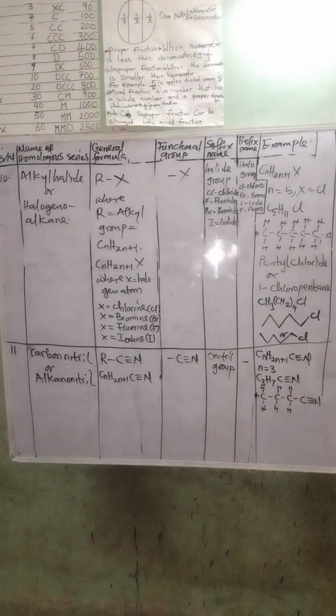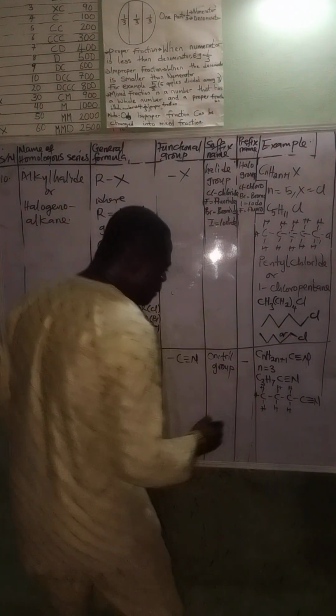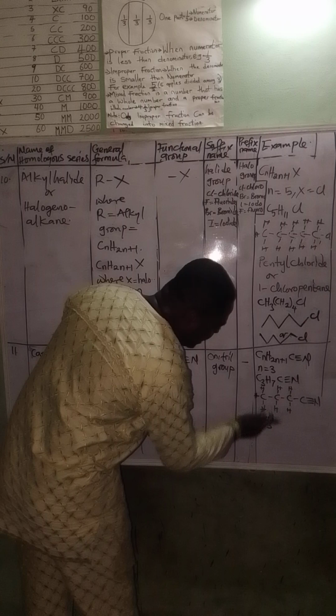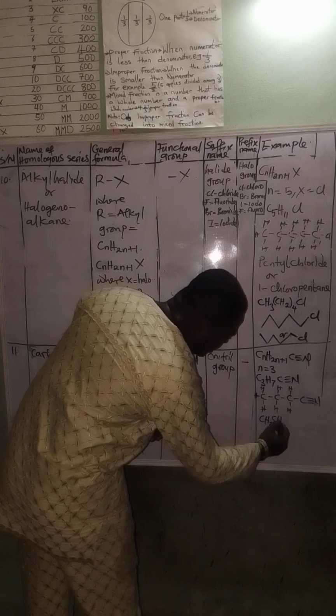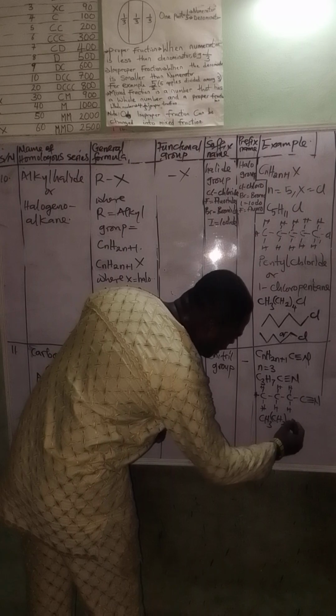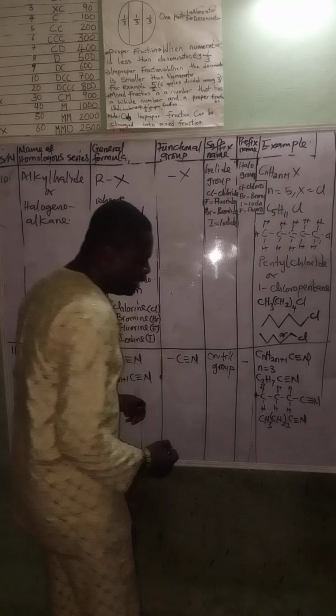The condensed formula will be CH3, C surrounded with 3 hydrogens. Then CH2, I have 2 of them, I can put them inside brackets and put 2. Then C triple bonded to nitrogen.